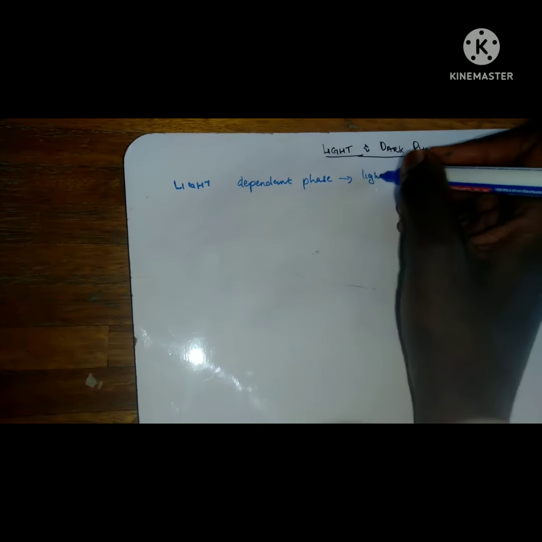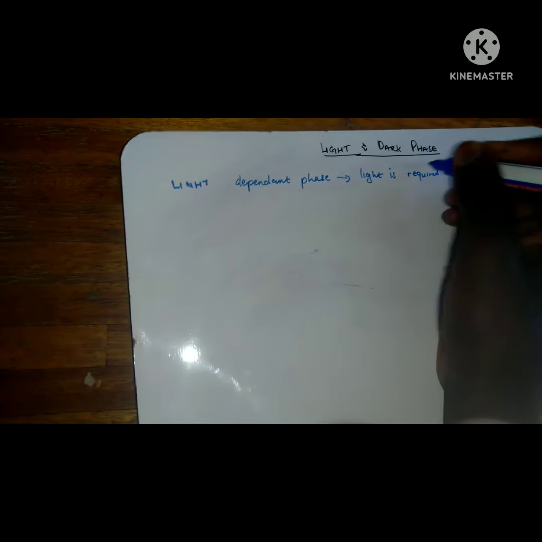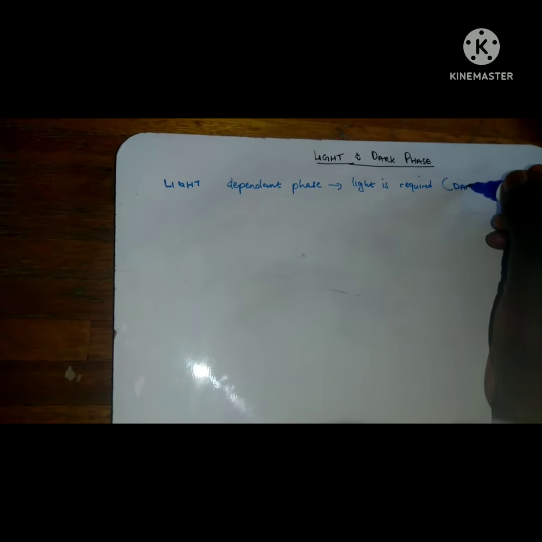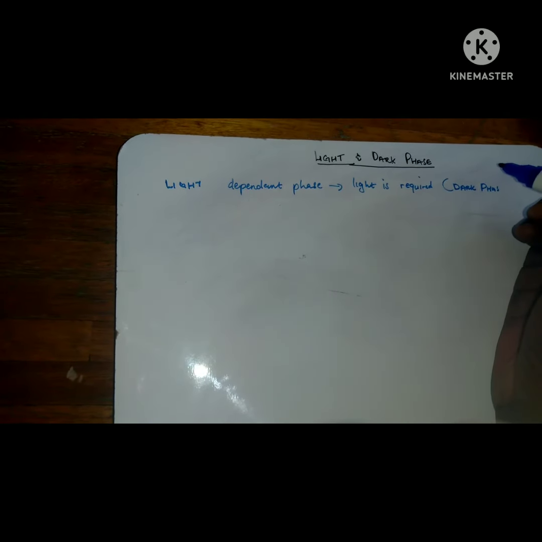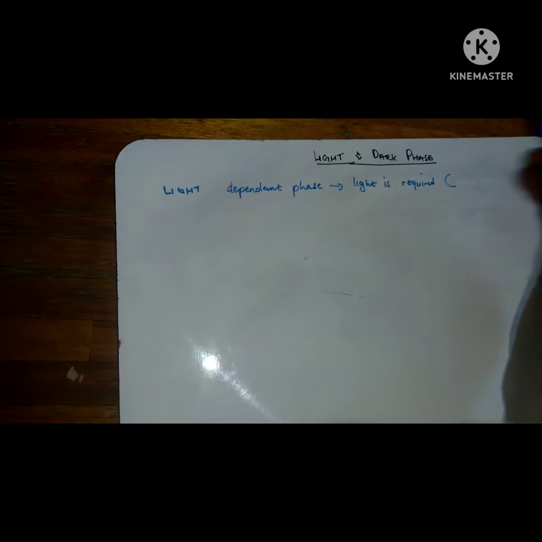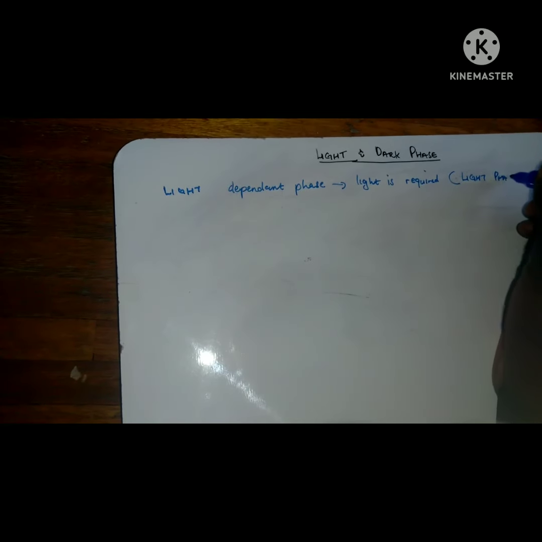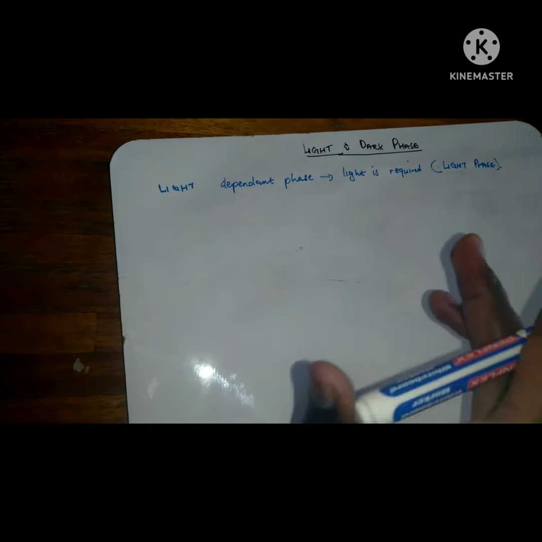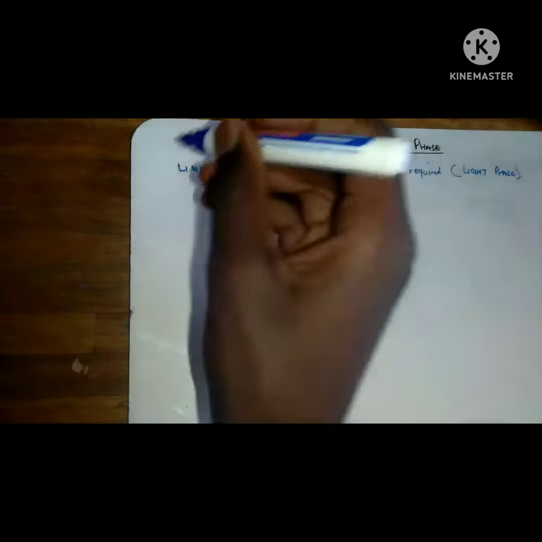We synonymously call this the light phase. So the light phase of photosynthesis is the phase that happens during the presence of light, or that requires light energy, or radiant energy rather.